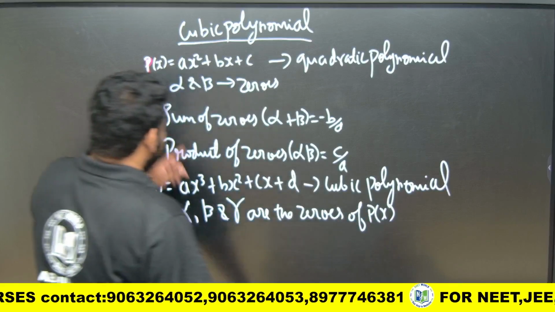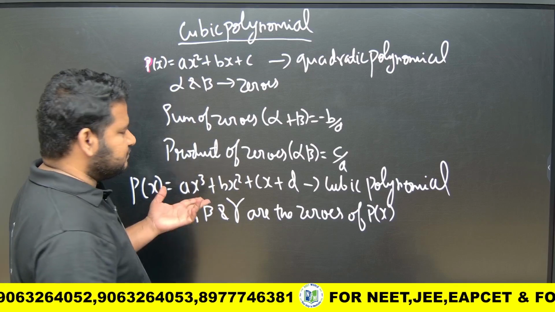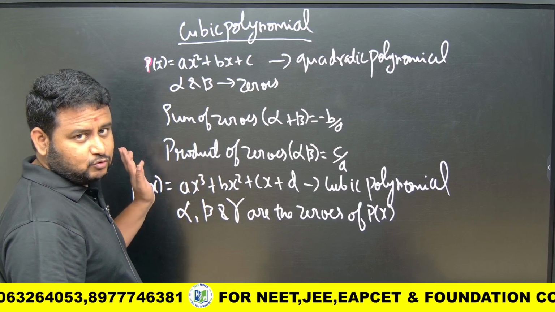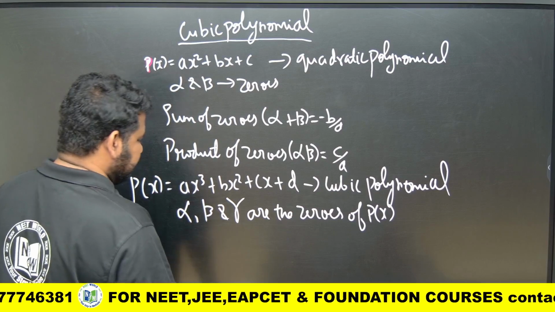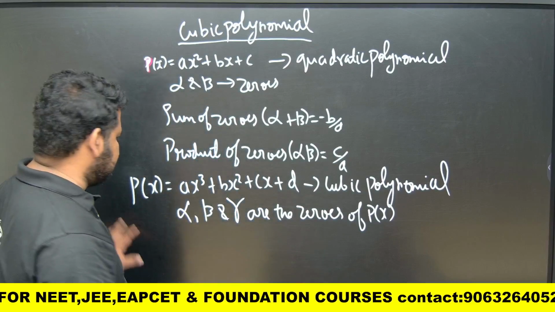Now, similar to this, we have sum of the zeros, sum of product of zeros taken two at a time, and product of the zeros, and there is some relation. Let me write down this relation. I will explain in detail how that relation comes in the next class. Now you understand.